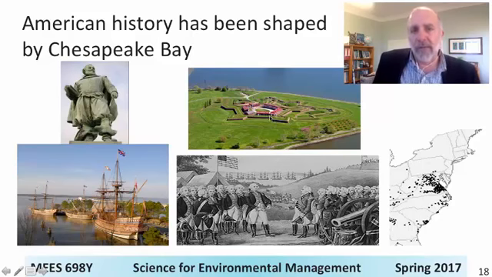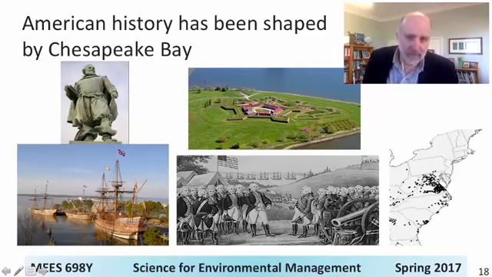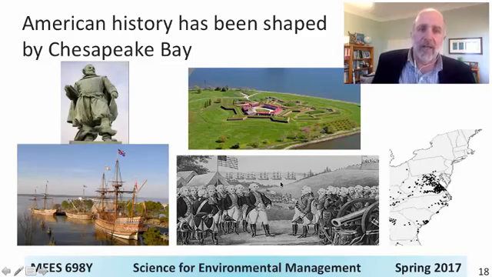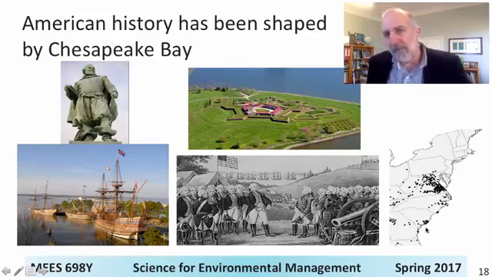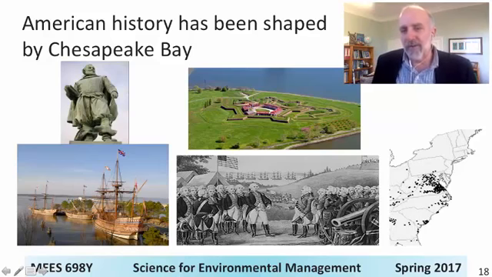We have Fort McHenry near Baltimore, where the War of 1812 was played out, and the end of the Civil War with Washington and Cornwallis down in Yorktown. And if you look at this map of Civil War battle sites, you can see the majority of sites are located in this Chesapeake region. So throughout American history, there are so many things that are related to this region.